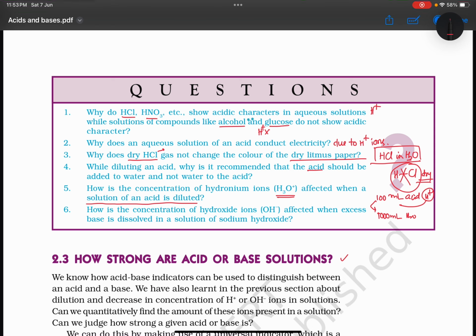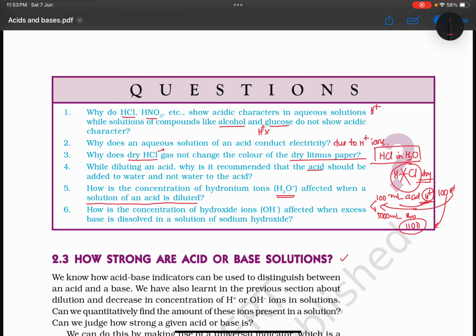Now the total volume will become 1100, but the number of H plus ions will remain same. Earlier, let us say 100 H plus ions are present in 100 ml. But now the same 100 H plus ions are present in 1100 ml. So definitely number of H plus ions per unit volume decreases. That is only called diluted.